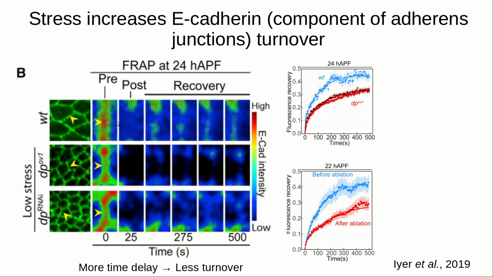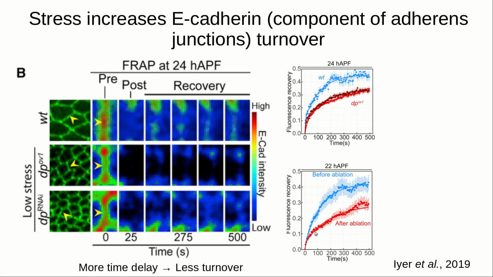As you can see here, the fluorescence is recovered quite fast in a wild-type wing. However, in a dumpy wing, which is not under tension, the fluorescence is not recovered, meaning that tension is affecting the turnover rate of E-cadherin. Here you can see the recovery curve in the wild-type and in the dumpy, where the recovery time is much slower.